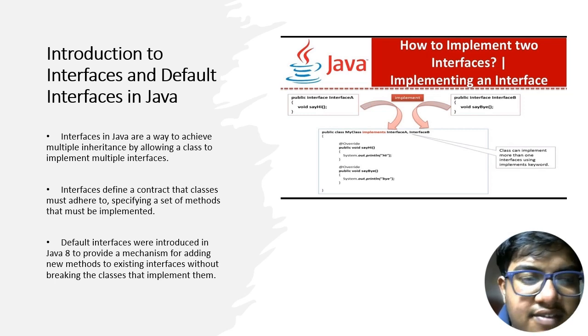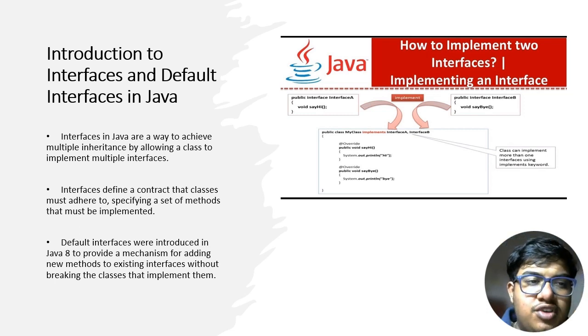Let's have an introduction. Interfaces are used to define the rules, or what to say, the contract, which I have mentioned here, that classes need to adhere to, certain rules of how they work. That is done by interfaces.